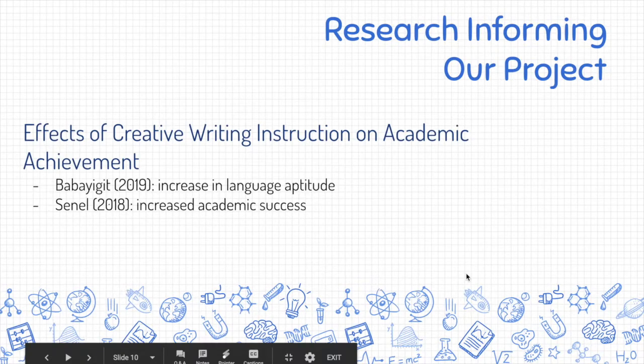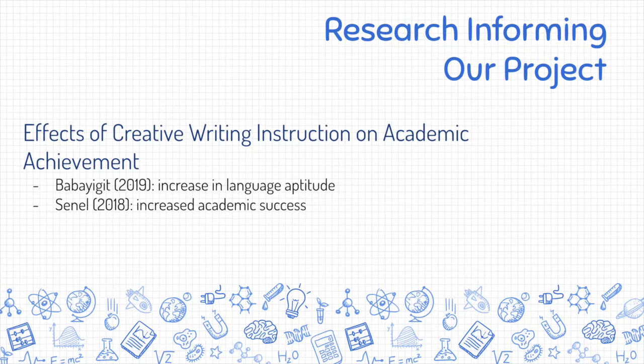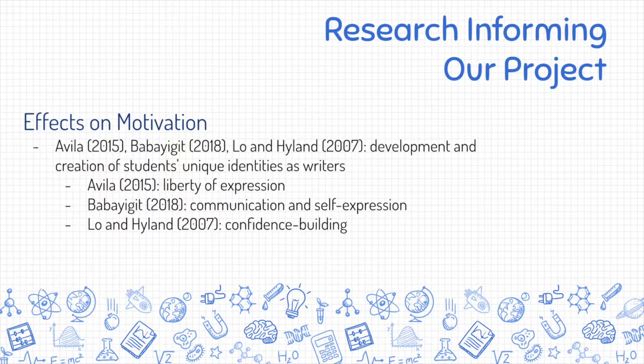Our next theme was the effects of creative writing instruction on academic achievement. So Babaye-Git 2019 looked at an increase in language aptitude, and then Snell 2018 looked at increased academic success. Our third subheading was effects on motivation. So we have Avila 2015, Babaye-Git 2018, Lowe and Highland 2007.